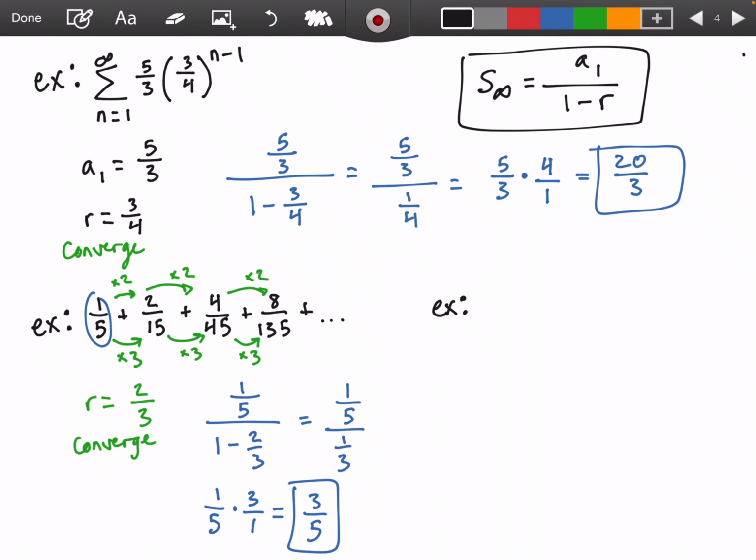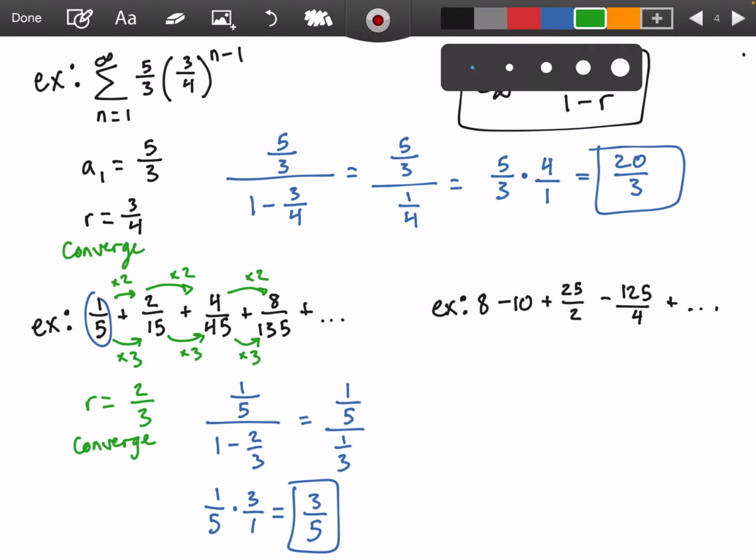Let's say I have 8 minus 10 plus 25/2 minus 125/4 plus. Okay, we have an alternating series in this one. If I ever don't see the common ratio, like on this example, I can't see it here the way I could more easily see it with the fractions in the last example.